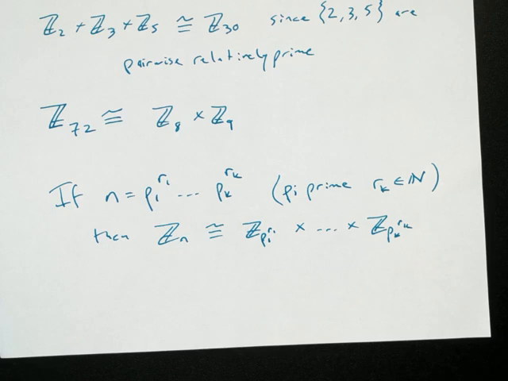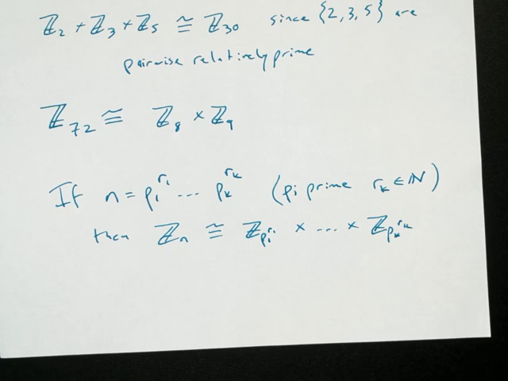Z72 is cyclic. But that means it's got a lot of subgroups, right? I could take the element 2 and look at what was generated by that. I could take the element 3 and look at what was generated by that. I could take the element 4 and look at what was generated by that.